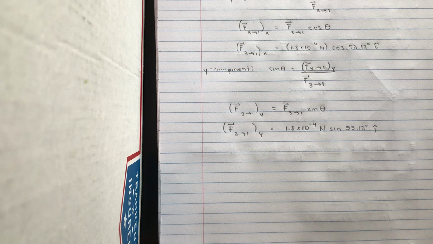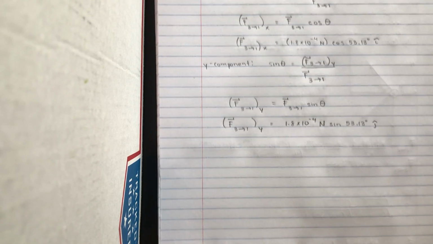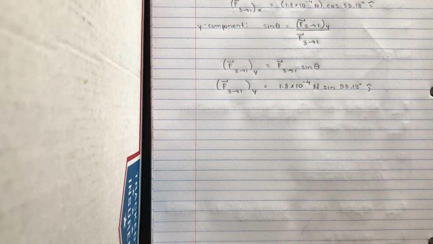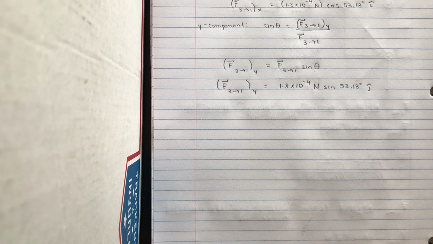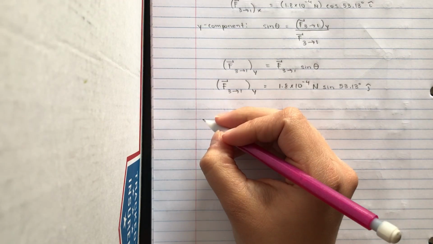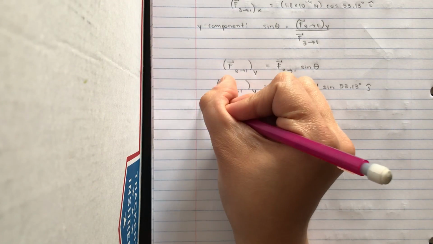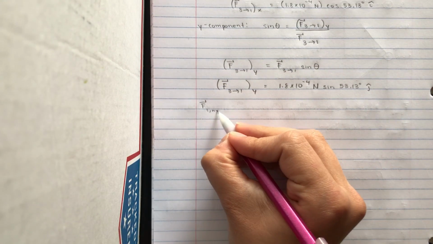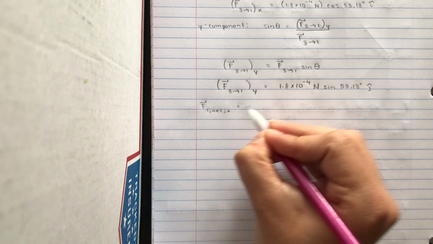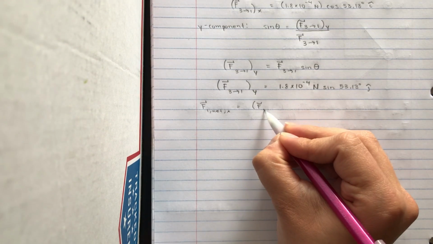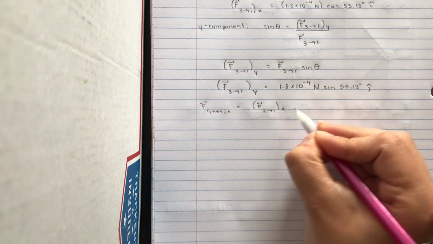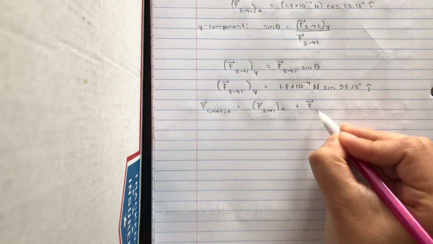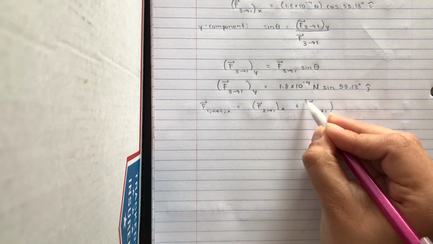The next thing we can do is add up all of these components, the x and y components of both the force of 2 on 1 and the force of 3 on 1, in order to find the net force on 1. If we add up our x components, the force of 1 net x is equal to the force of 2 on 1 in the x direction plus the force of 3 on 1 in the x direction.